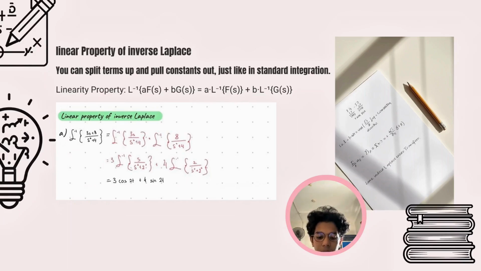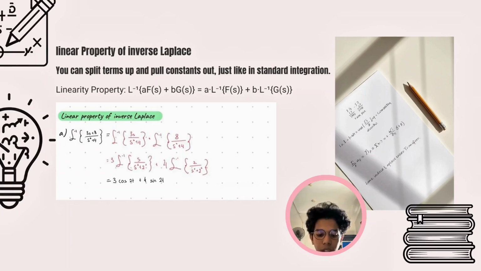Since we have 8 in the numerator, we can factorize this as 4 multiplied by 2. We pull the 4 out to the front, leaving the required 2 inside the transform. Now both terms properly match our standard table form.